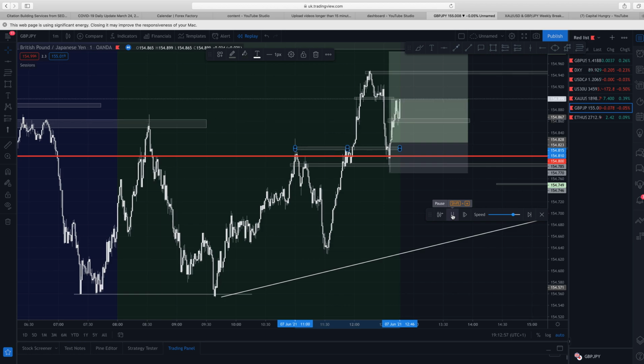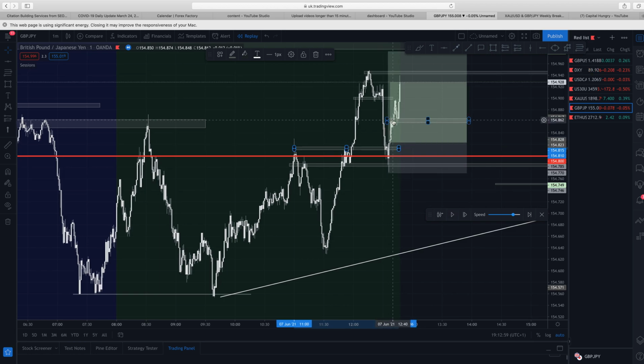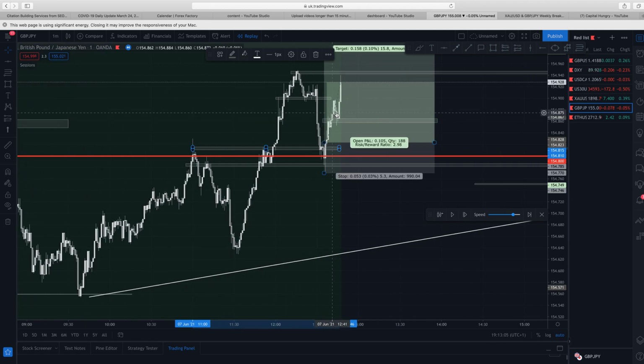And it flies up a bit, stops at break even. At this point, you put stops at break even. You could have maybe took a little bit of something if you wanted to, or at least put stops at break even once you got this candle here, rejecting off this market structure.